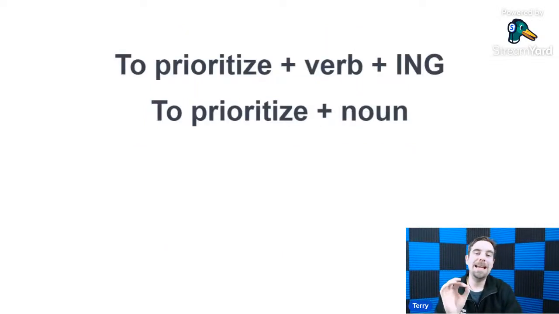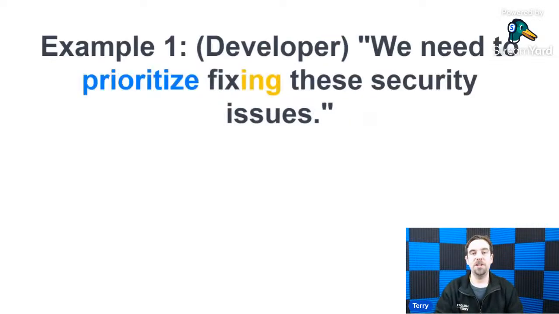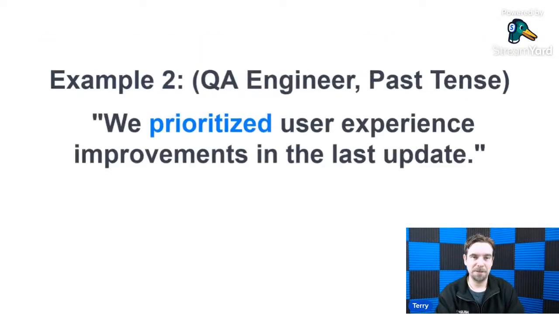So when we have the verb to prioritize, if we want to put a verb in ing next, we could put prioritize plus verb ing, or prioritize plus a noun. For example, we need to prioritize fixing these security issues. Generally, it's always better to say prioritize fixing, because it's not really correct to say prioritize fix or prioritize to fix. The best is prioritize fixing.